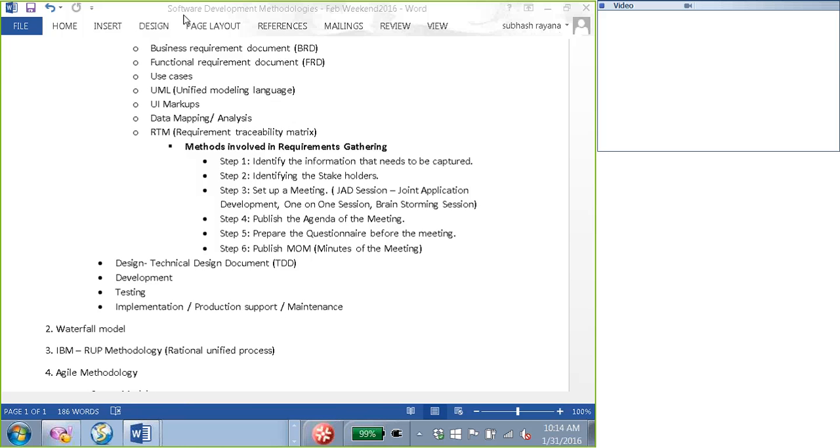And the question here is, if the development team has to start their development, what are the inputs that they would need? What are the inputs required for the development team to start their development activity. They need the design and the requirement. That's correct, right? So they would need to understand the requirement, and they would need the design, because they have to construct the house based on it.